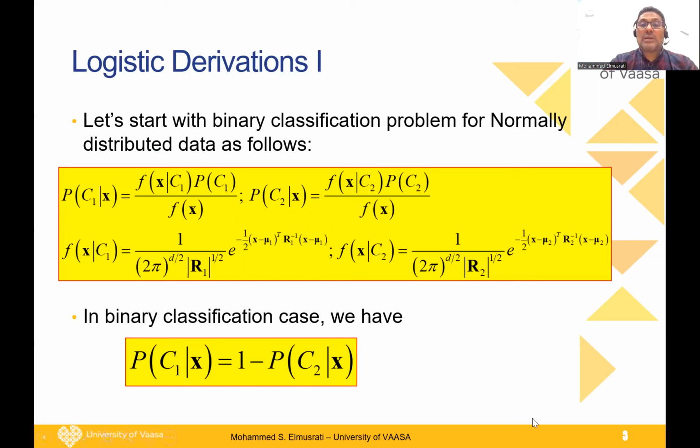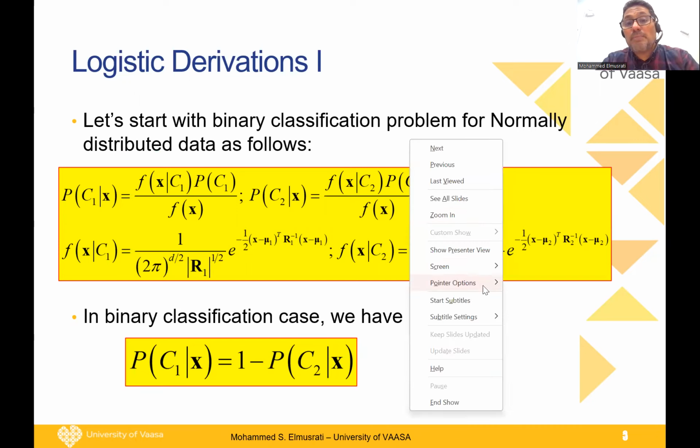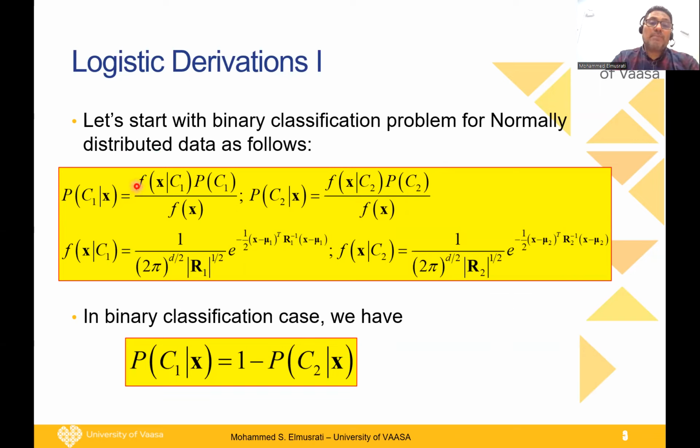Okay, now let us talk a little bit about this classification. If I just change to the pointer, yeah. So this is what we know previously from part 4, that the probability of being in class C1 based on the data input X can be handled by Bayes' theorem, as we know.